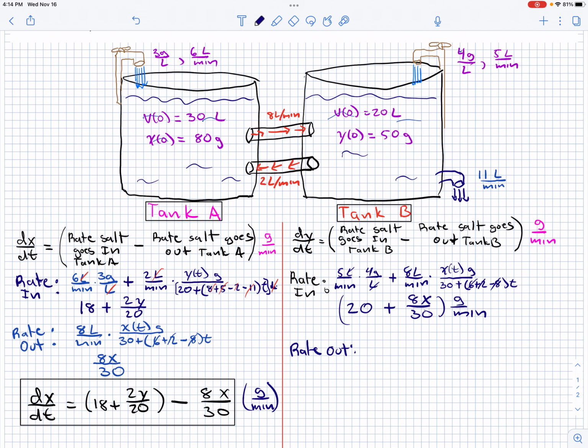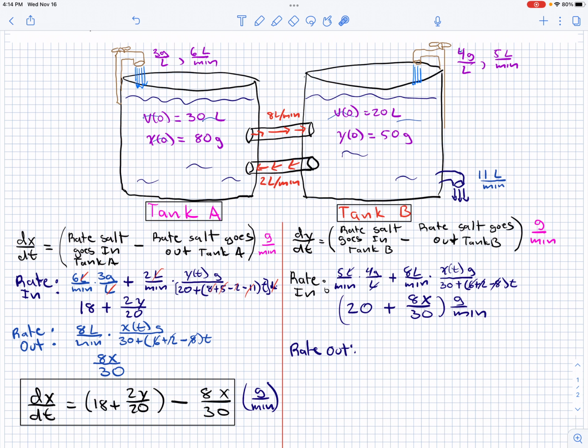The rate out, we see that the rate out is, we have 11 liters, plus we actually have the 2 liters per minute going as well.